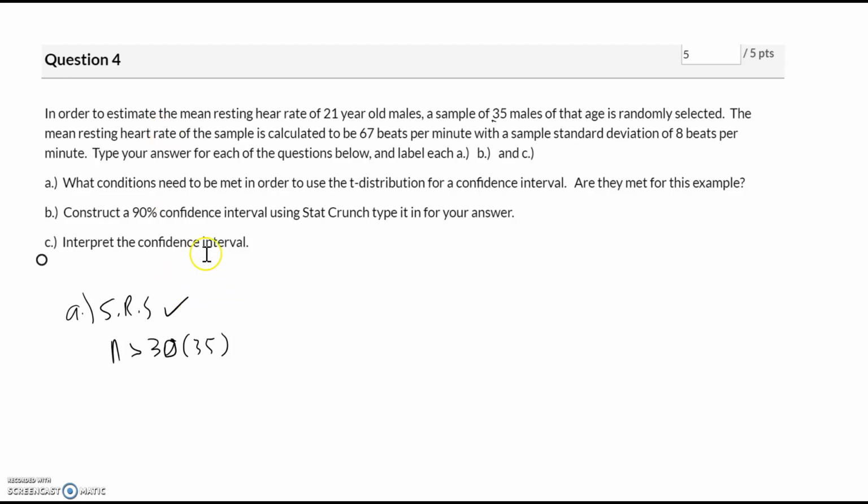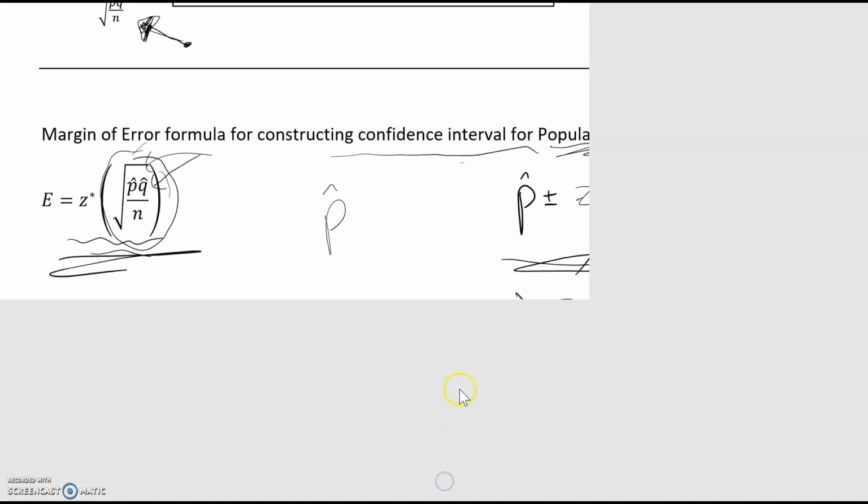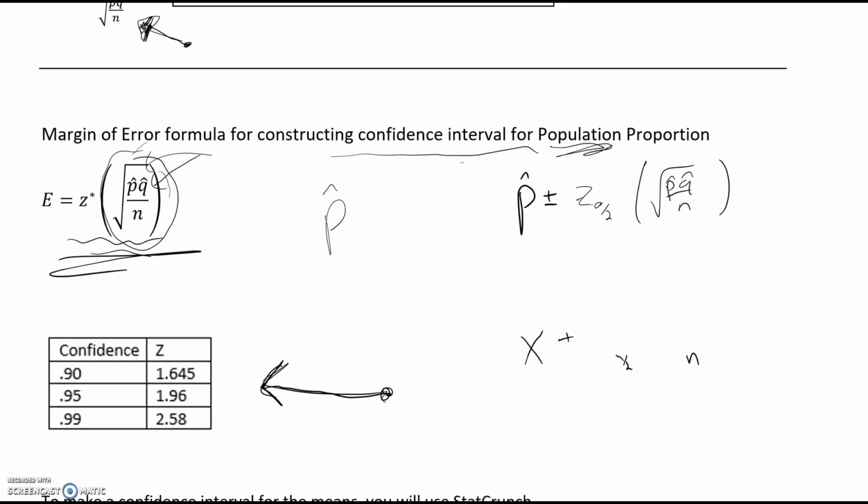Okay, so I just want to make the point here that if I did make you do this by hand, it might help you understand a little bit. If I did make you do a confidence interval for means by hand, it would work the same way as proportions, right? We do a sample proportion, and then we add and subtract some kind of standard error, margin of error from it.